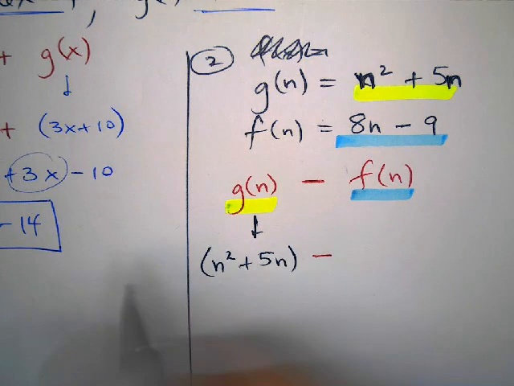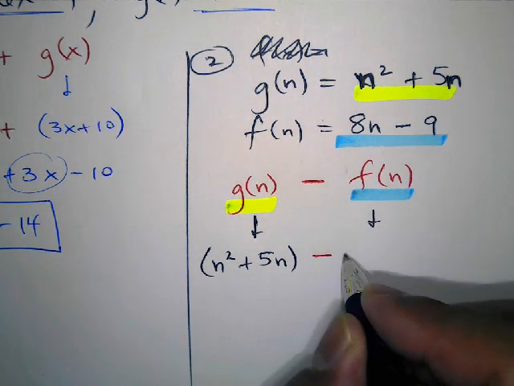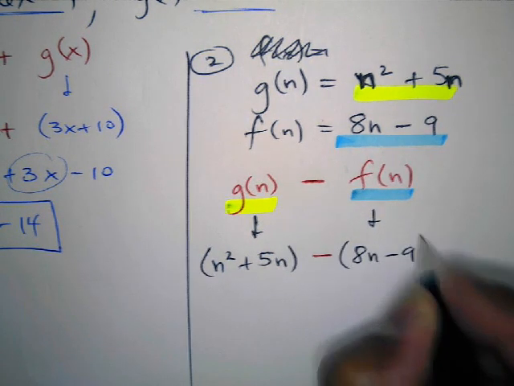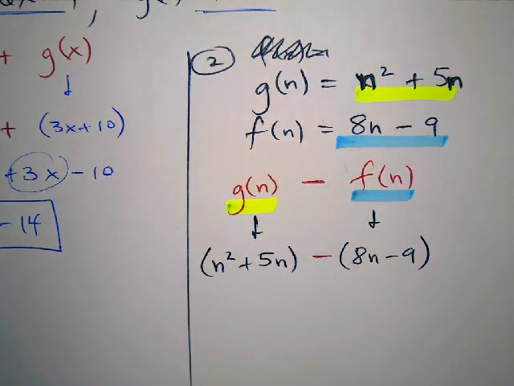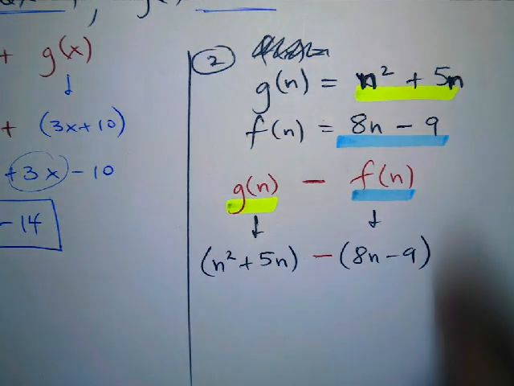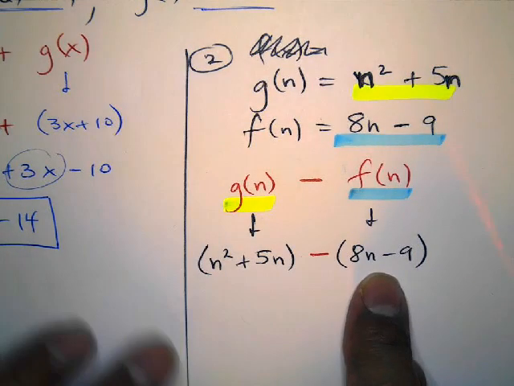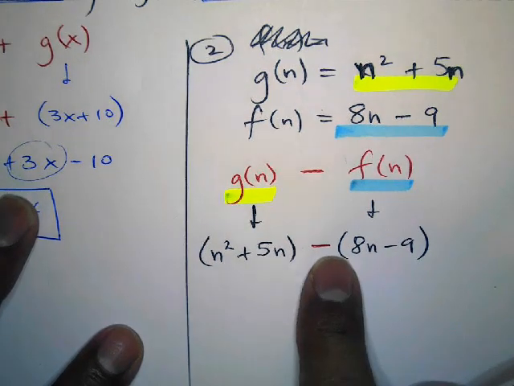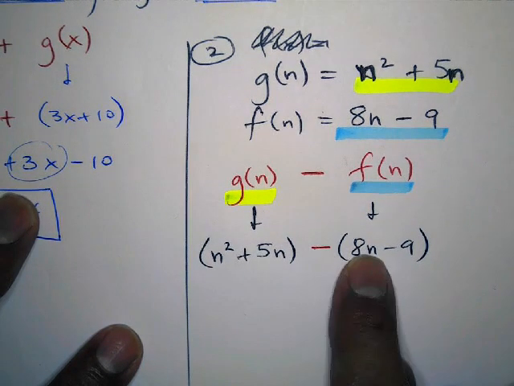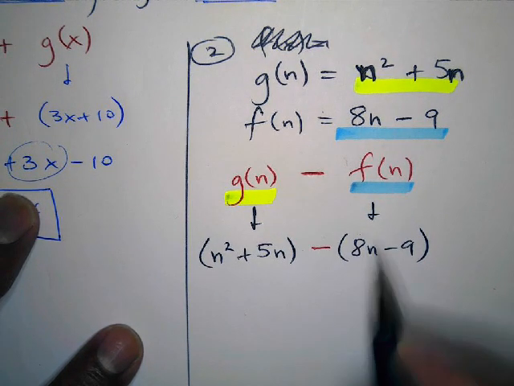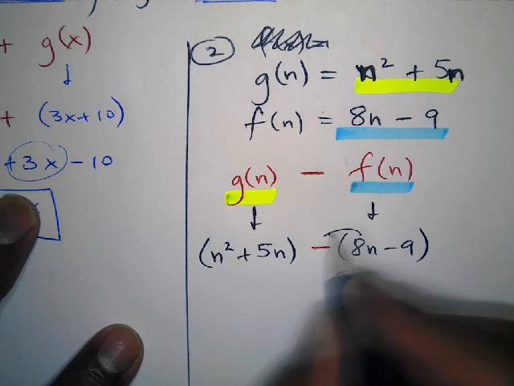And f of n is what? 8n minus 9. Okay, so I'm sure you're gonna set it up right. Make sure you copy it right here. You put subtract, copy this right here. And why do you have to be careful for a subtract? Because really this is not an 8, right?